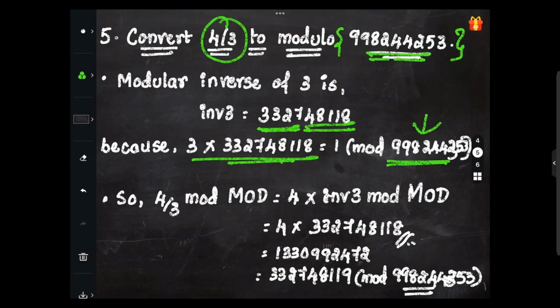So 4 by 3 mod this particular value, the output that we got here is for the good picture and the bad picture. We got 4 by 3, right? So now we will be going with 4 into the modulo inverse, 4 into 3327481118. So the value that we get here is this one, right?